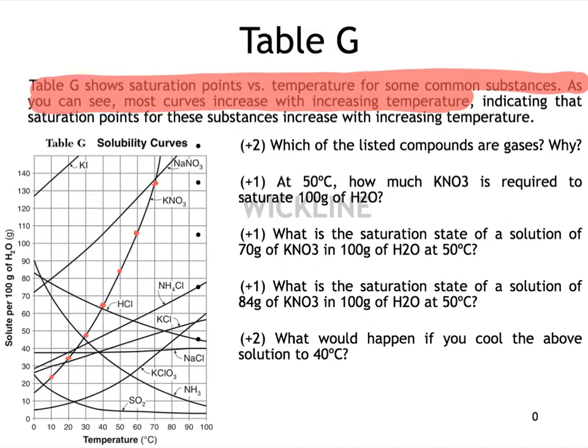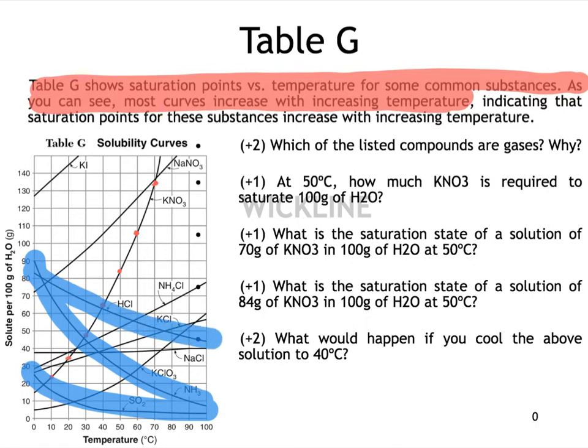The gases, however, would decrease their solubility with increasing temperature. So I'm generally talking about the curves like ammonia, sulfur dioxide, and hydrochloric acid. Since those three decrease as temperature increases, it's safe to assume that they're gases.